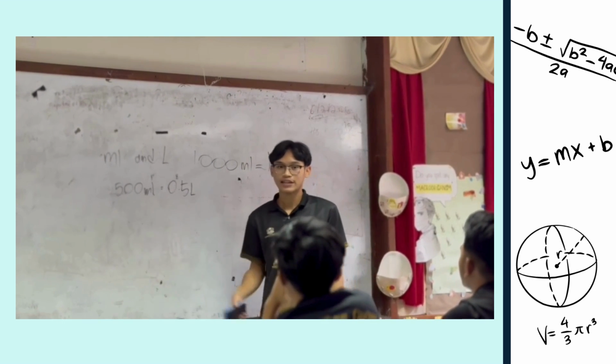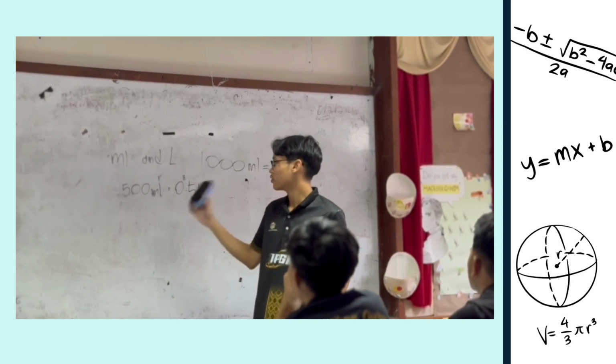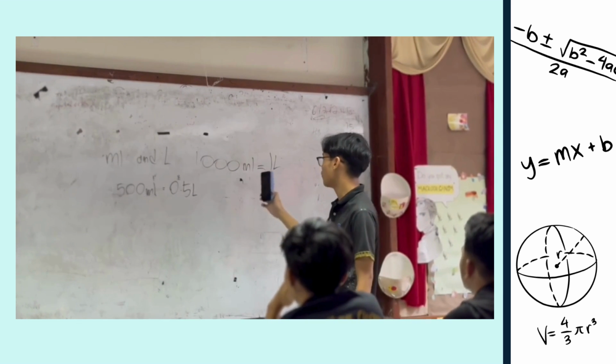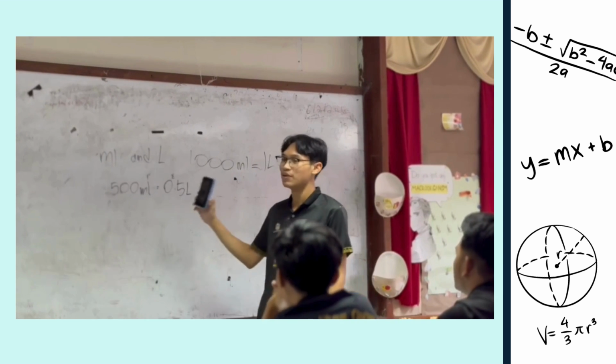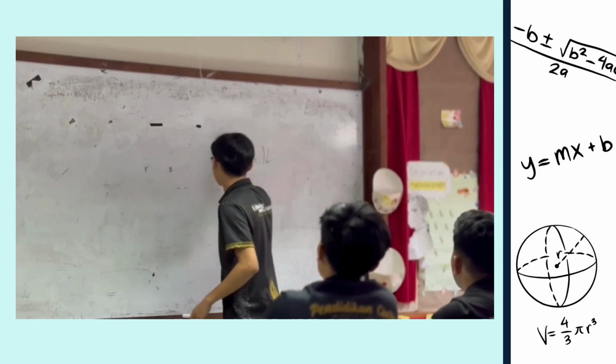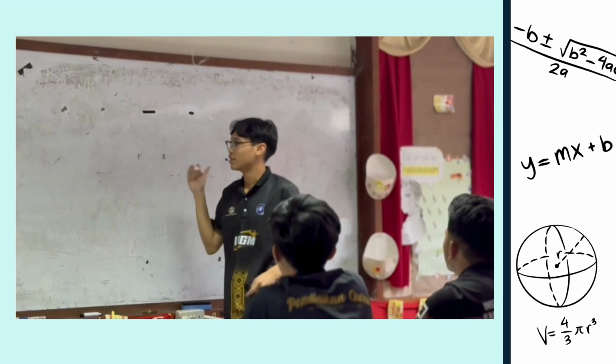Today in class we are going to learn about liquid, the line from 1 liter to 500 milliliter. And now we are going to learn subtraction and addition in the topic volume of liquid.